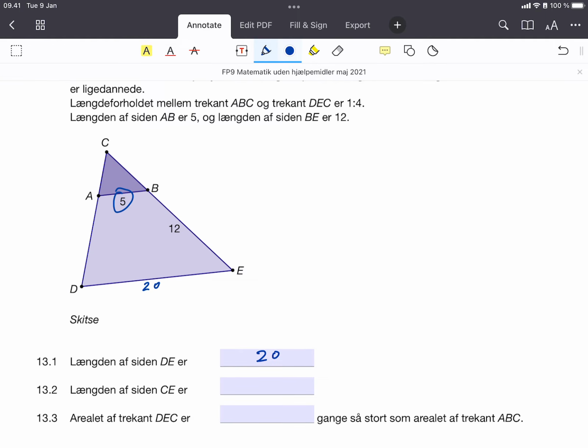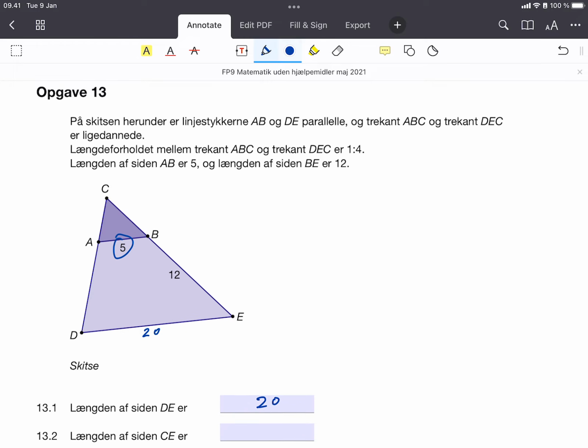Then the next question is, the length of side CE is what? So the length of side C to E, they're asking us. Well, they've already told us that from B to E is 12. And we know that from C to E is 4 times as big as from C to B, because they're in the ratio 1:4.